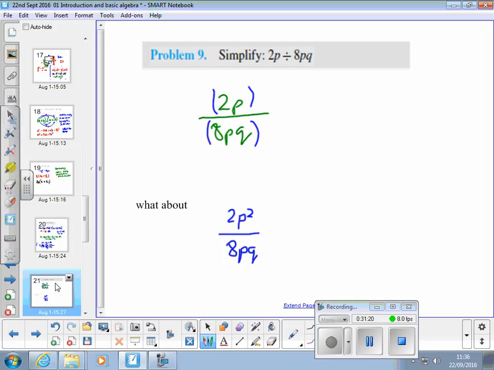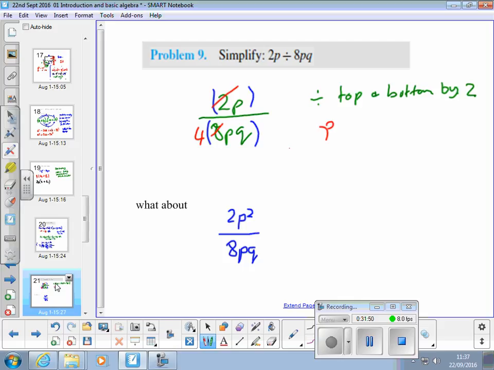What we're saying here is we could divide top and bottom. Let's do one thing at a time at this stage, by 2. So 2p divided by 2 would cancel that out, and that 8 divided by 2 would become 4. So we'd have an expression that looked like this.